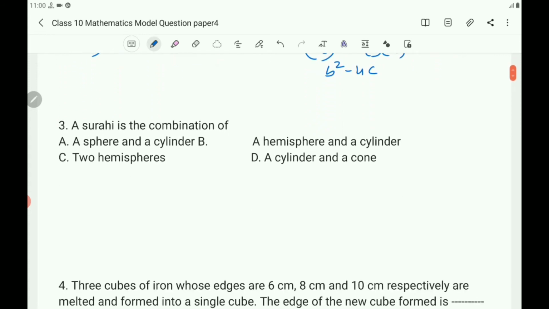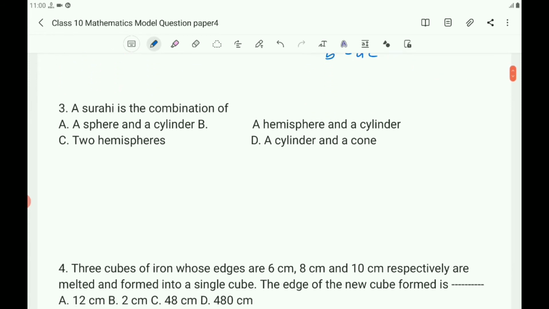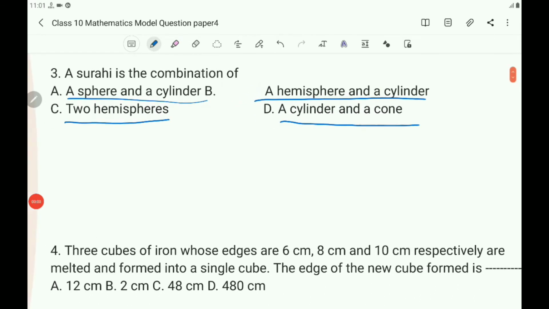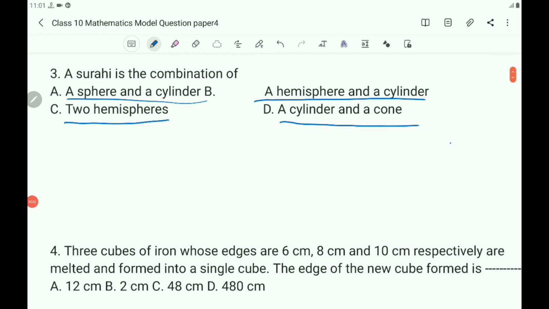Next you take the third question. A surahi is the combination of: option A is a sphere and a cylinder, option B is a hemisphere and a cylinder, option C is two hemispheres, option D is a cylinder and a cone. A surahi is in the shape of this one.